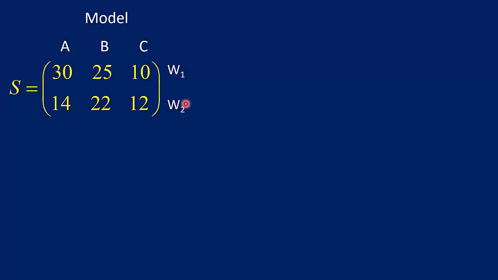So you can see, okay, at warehouse 2, how many Model A's do I have? Well, warehouse 2, Model A, 14. Let's suppose these are the numbers. These are the quantities of this model of product that you have at warehouse 1 and warehouse 2.